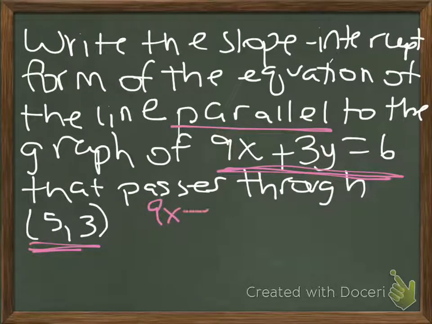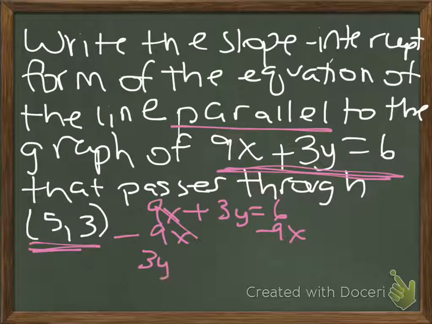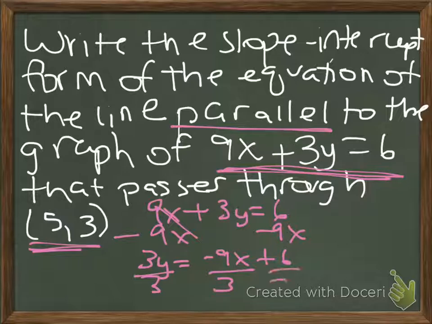That means we need to move the x value over, away from the y, trying to get y by itself. Divide everything by 3 to get y by itself. So y equals negative 9 divided by 3 is negative 3x plus 2. And that's where we're going to start.